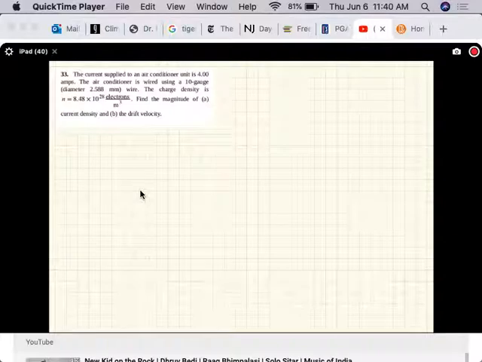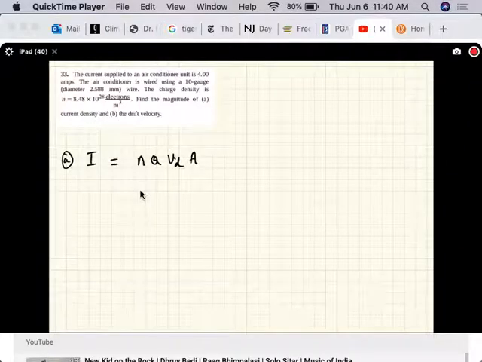All right, 4 amps current. If you look up the expression, the current is given by N times the charge of the carrier, being the electron, times the drift velocity, times the area of cross-section. They give us the diameter of the wire, so we have the area of cross-section. They give us the density, we know the charge, and we know the current, so we can calculate the drift velocity.